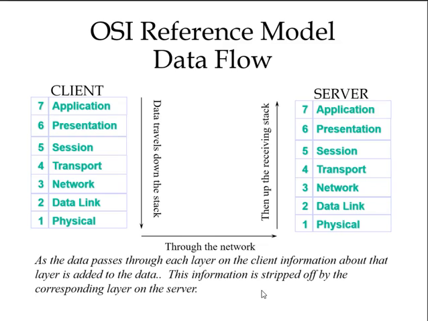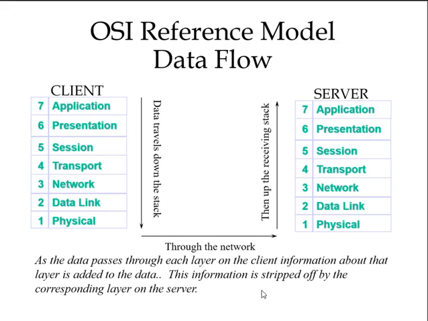When it gets to his machine, he does the reverse as he receives it. His computer reads it from the network card and turns those pulses up through the network, transport, session, presentation, all the way up to the GUI he interacts with in the app layer.